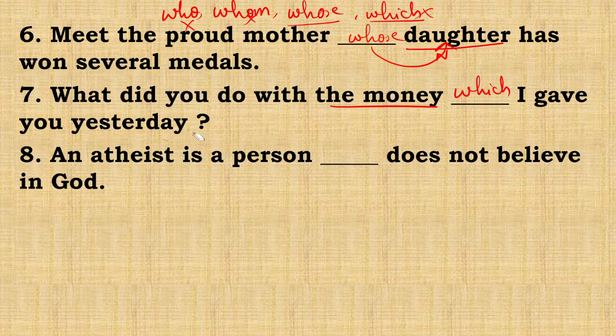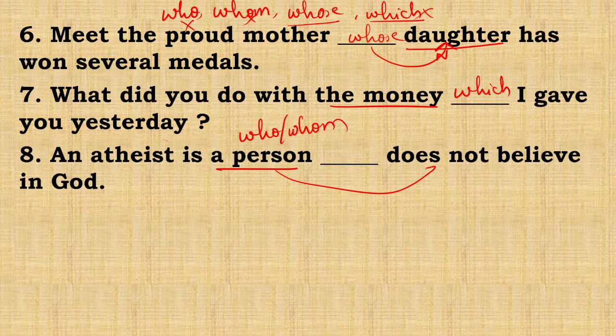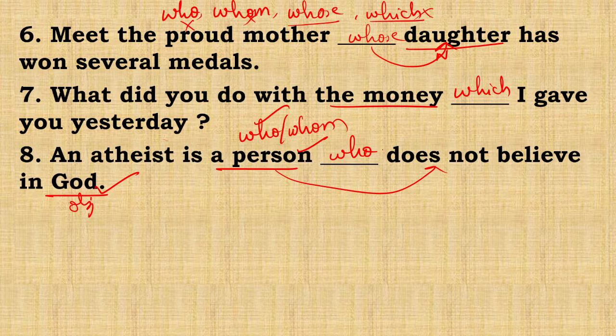An atheist is a person dash does not believe. We are speaking about a person, so our answer must be who or whom. Now tell me your answer. Who does not believe or whom does not believe? See, the person does not believe in God. God is the object here. Object is already given. Since we are speaking of a person, the answer must be only who.